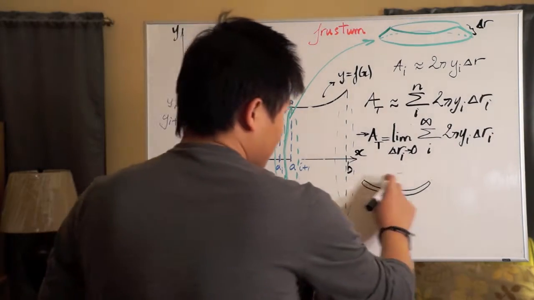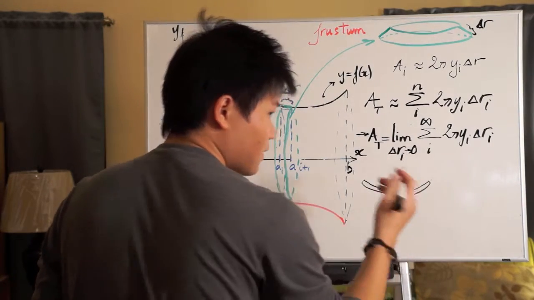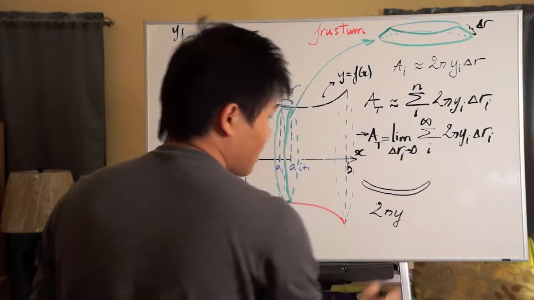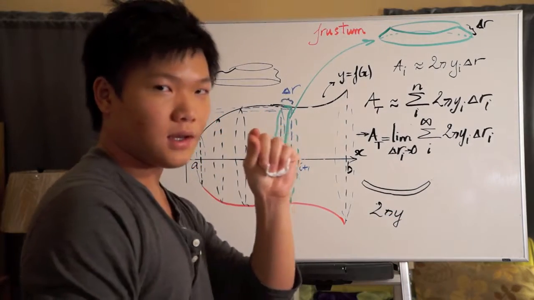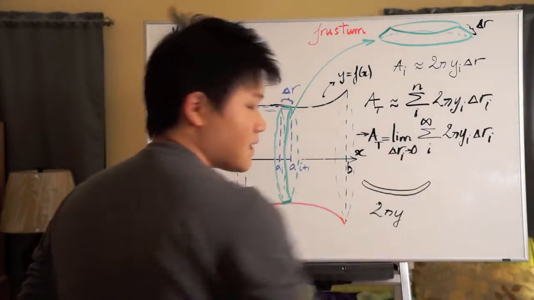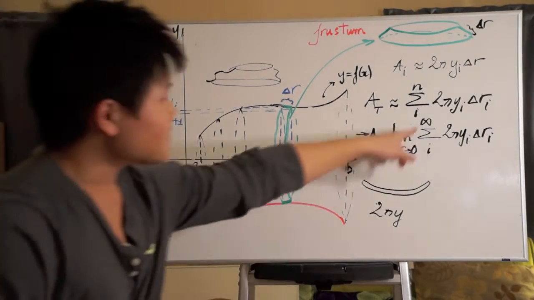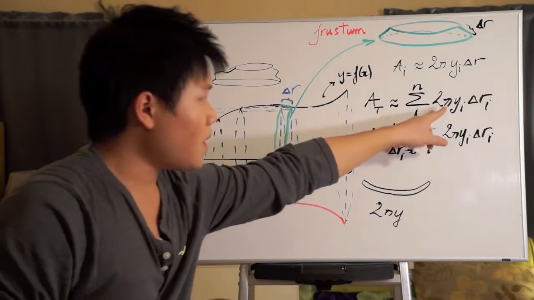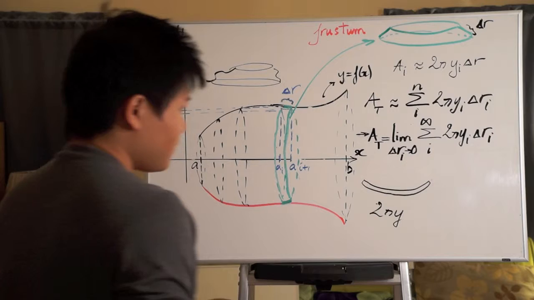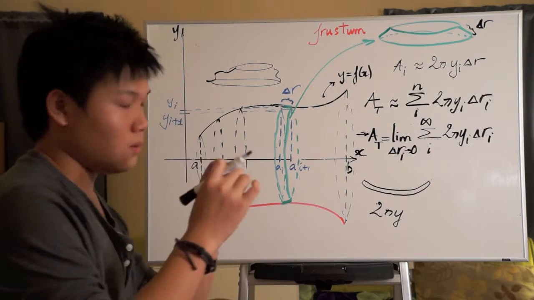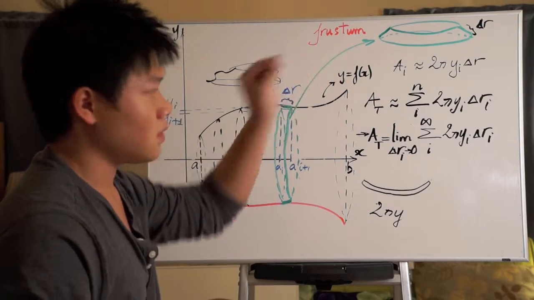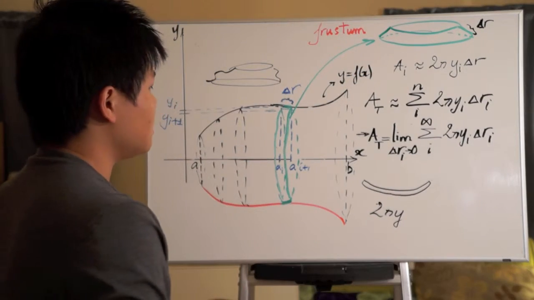When you have a circle, the circumference of a circle is 2 pi y. But there's a width, and that width is just delta r, so that's why we multiply by delta r. So each strip like that is 2 pi y sub i times delta r sub i. That's what happens when you turn this frustum into a really thin strip.